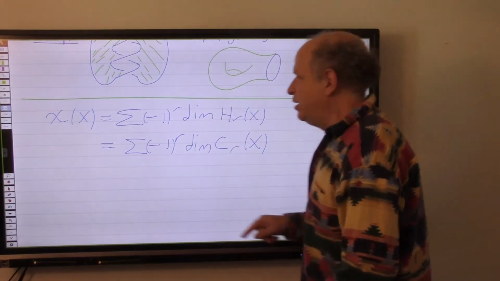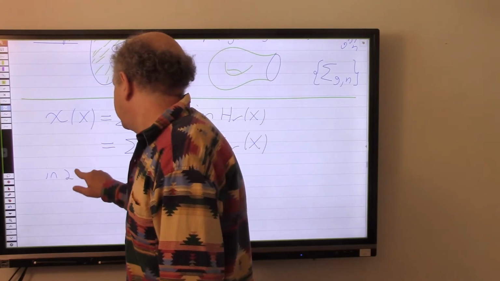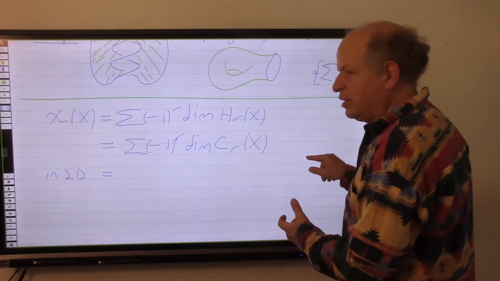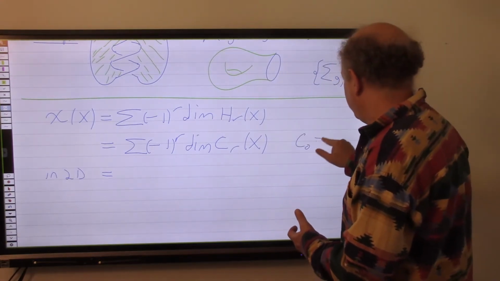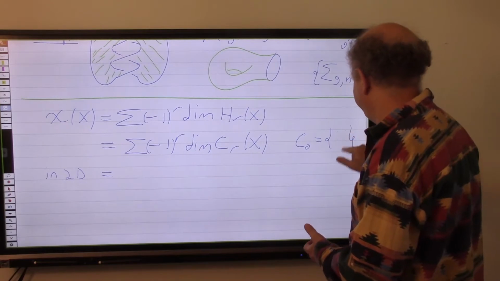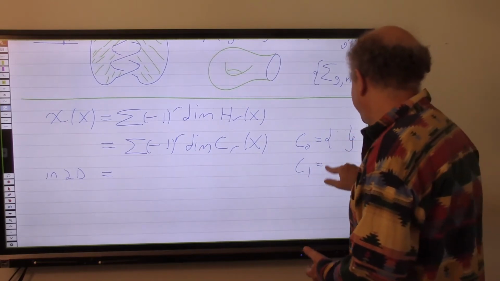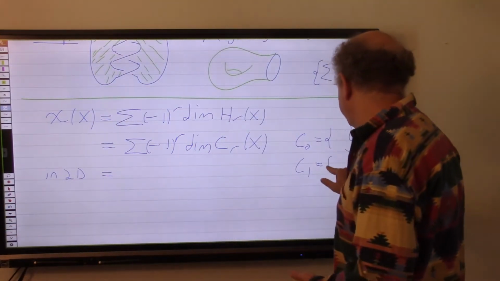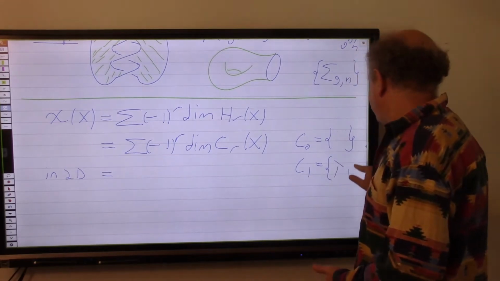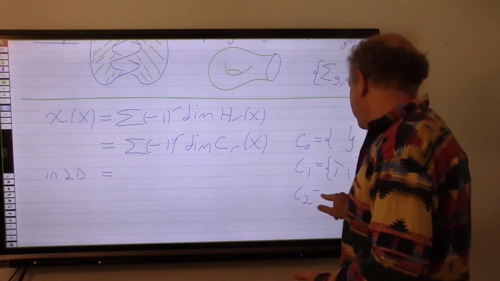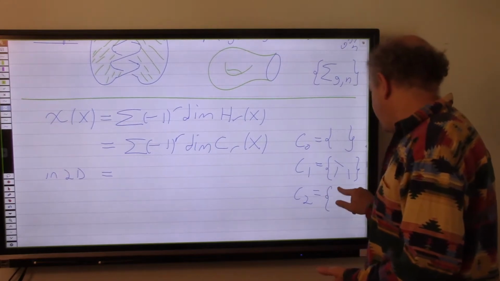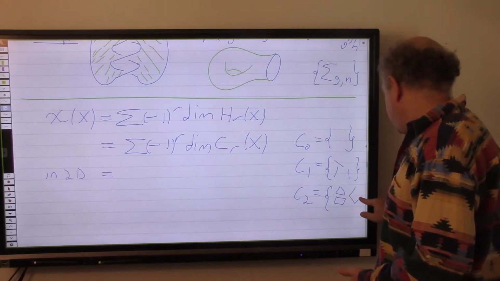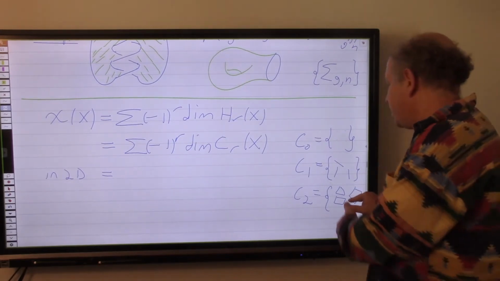And in 2D, C0 is just a collection of points. C1 is a collection of lines, of edges. And C2 is a collection of faces. So triangles, or in fact they don't have to be triangular, you can take any simply connected domain to be your faces.